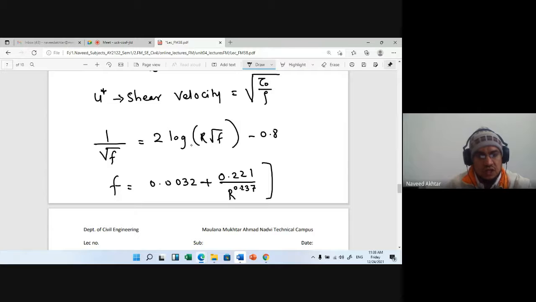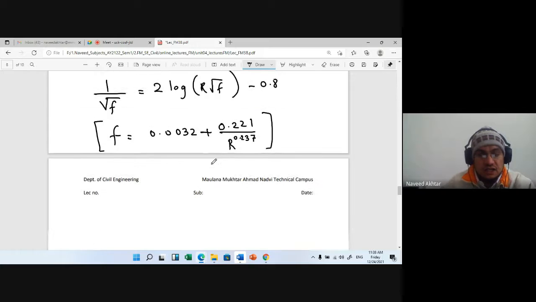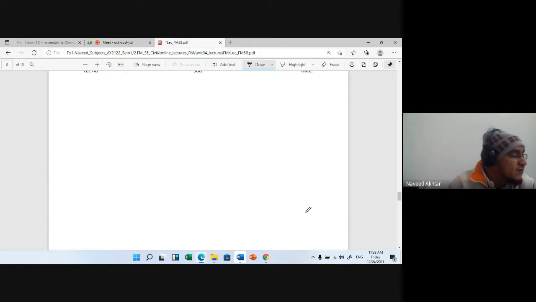So for all values of R, the friction factor you can find out. And the friction factor is nothing but the major loss in the pipe flow problem.